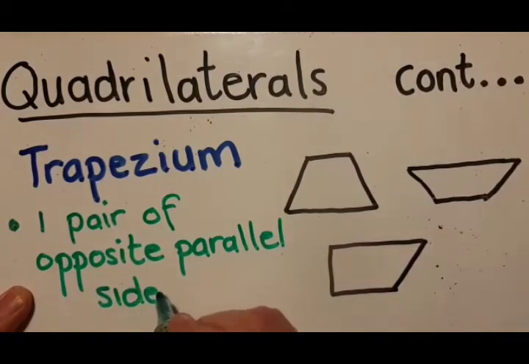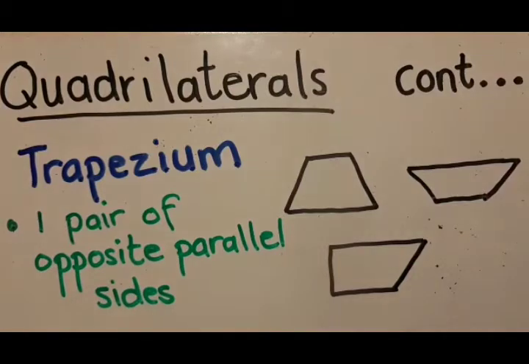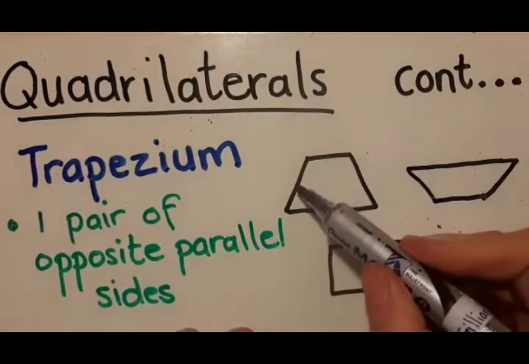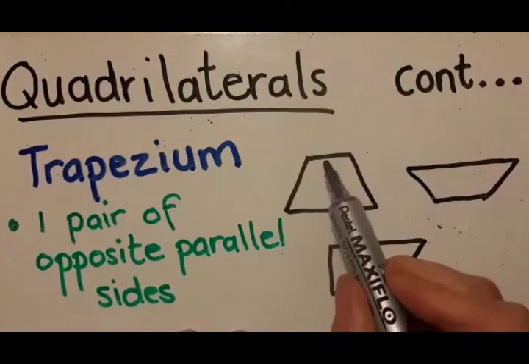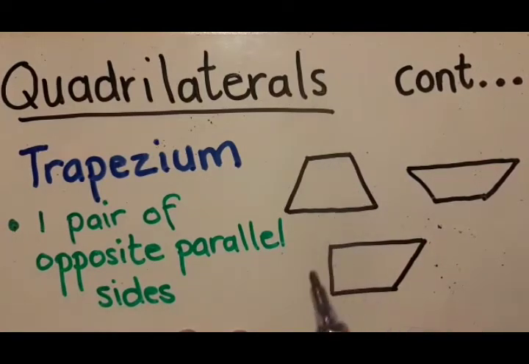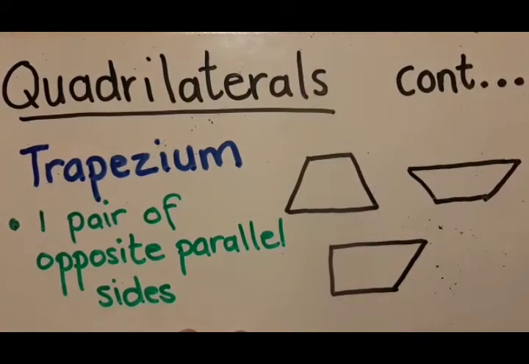The symbol that we use for parallel is a little arrow. So that side and that side are not parallel. They may not be the same length either. This side and this side are definitely not the same length.